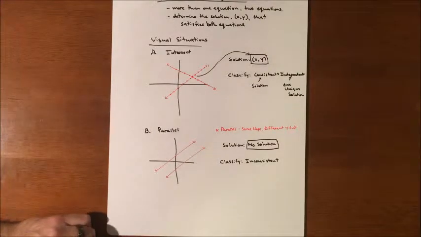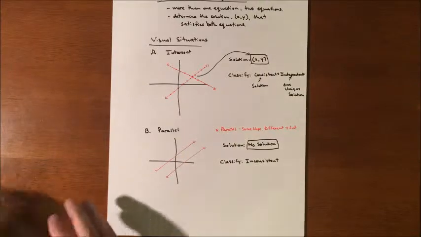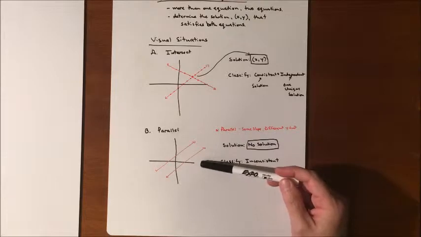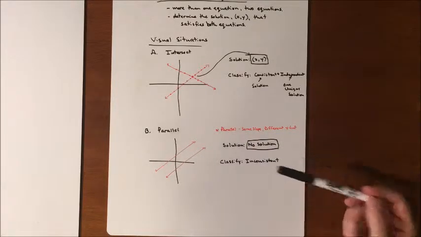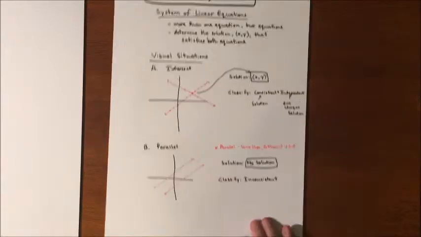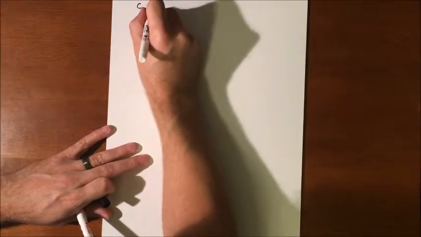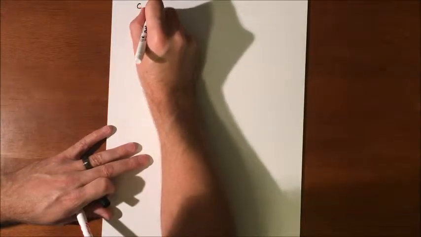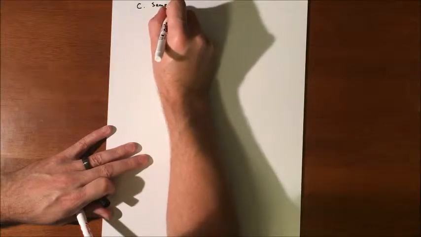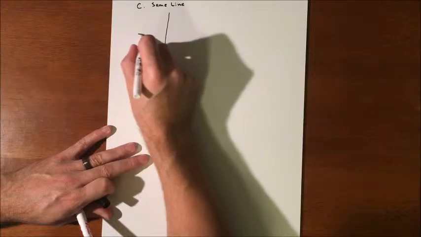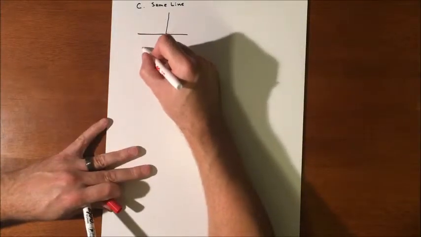There's one more situation that can happen when you graph two equations. We have them crossing, they're intersecting. We have the two lines being parallel, they don't cross, they do not have a solution. And the third situation is the lines are the same line. So when you graph it, it's going to look just like one equation, one line.